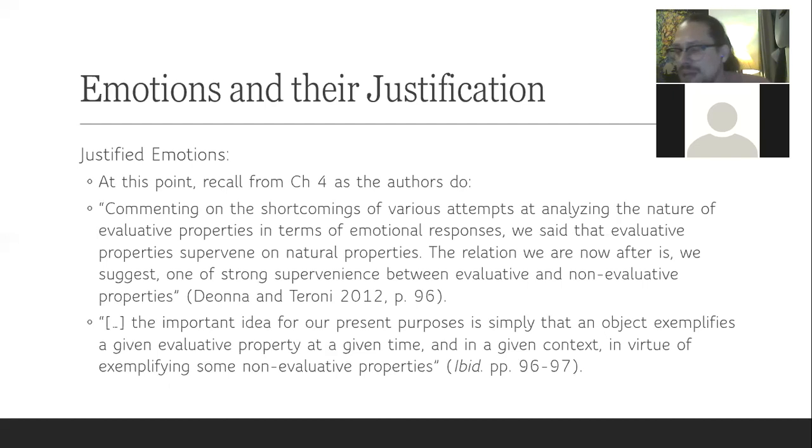So the evaluative property of danger in the case of the dog supervenes on natural properties like the dog having sharp teeth and aggressively running toward me. These are natural properties which in that context make the dog dangerous. So we say that danger supervenes on these natural properties, and all those natural properties coming together at a given time in a given context constitute the evaluative property.